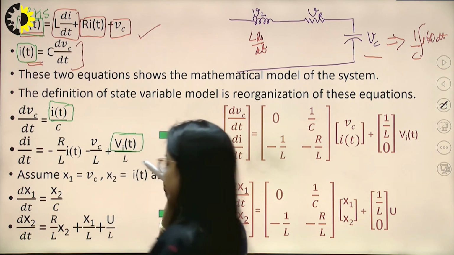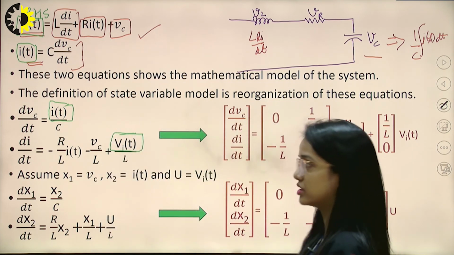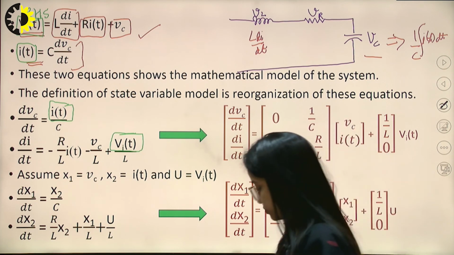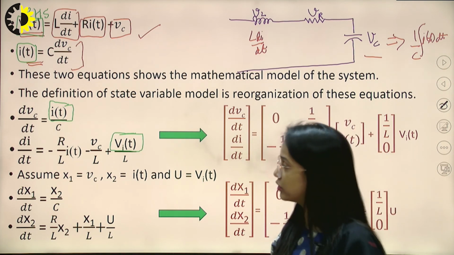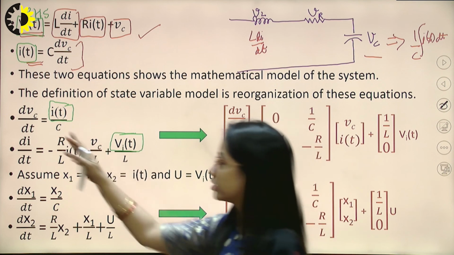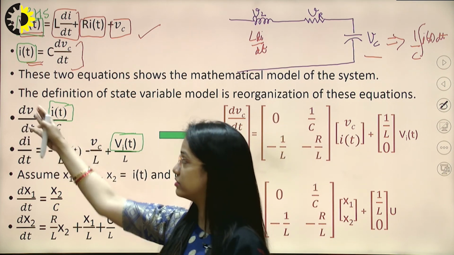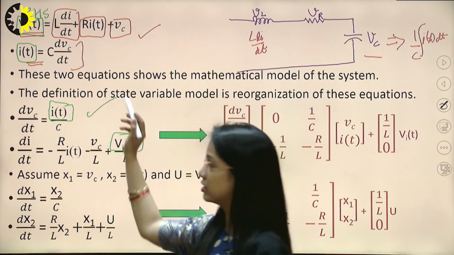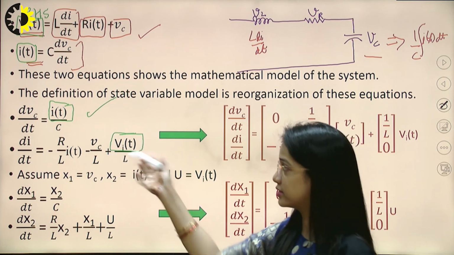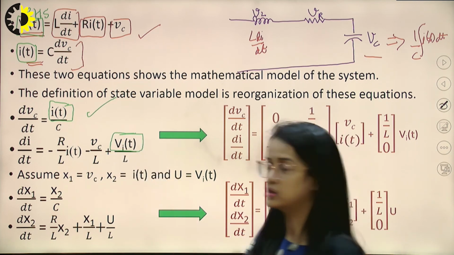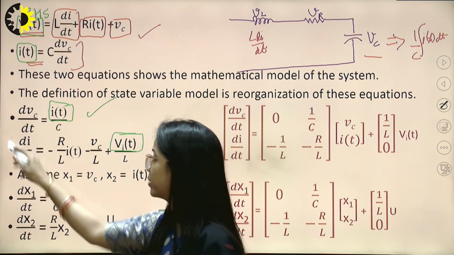We rearrange it to get the equation like dVC by dt in terms of the characterizing variable, I of t by C. Then we have di by dt.